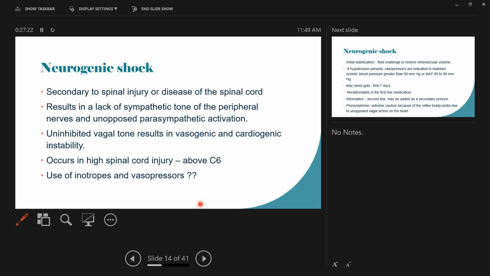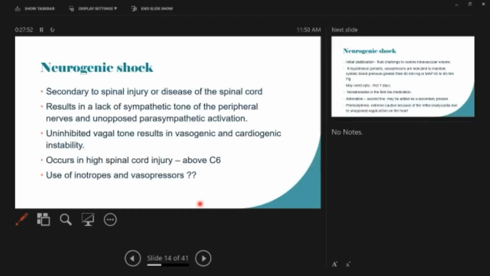All your vessels are dilated and your circulation is now in a bigger volume. In addition to that, your vagal tone will be uninhibited. Usually there is a balance between the parasympathetic and sympathetic activity. Now there is no sympathetic activity, so the vagal tone is going to go up. This is common in high spinal cord injury, so you will see it in spinal cord injuries above C6.